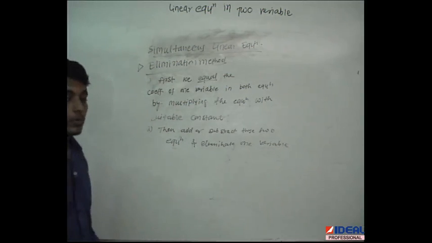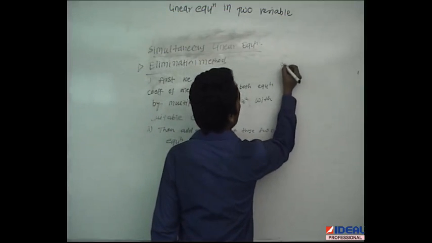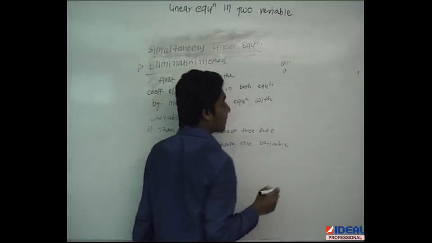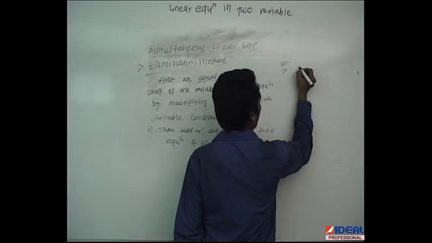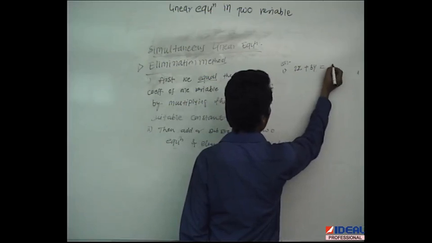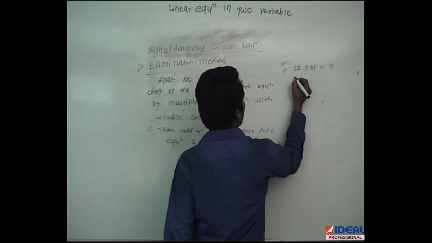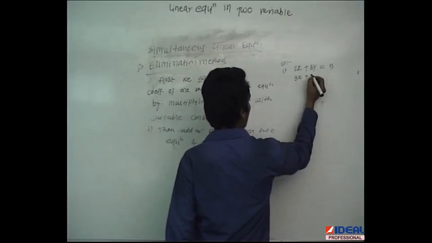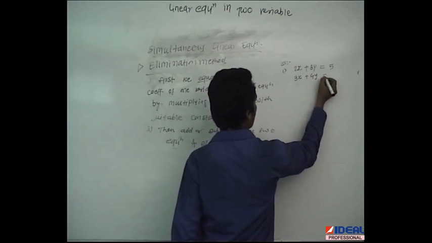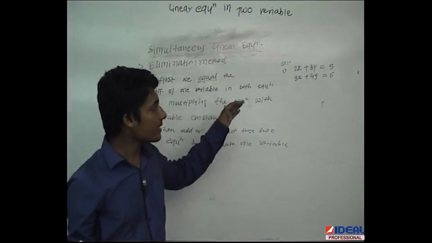So for example, let's see an example first. Suppose two line equations are there, 2x + 3y = 5 and 3x + 4y = 6.